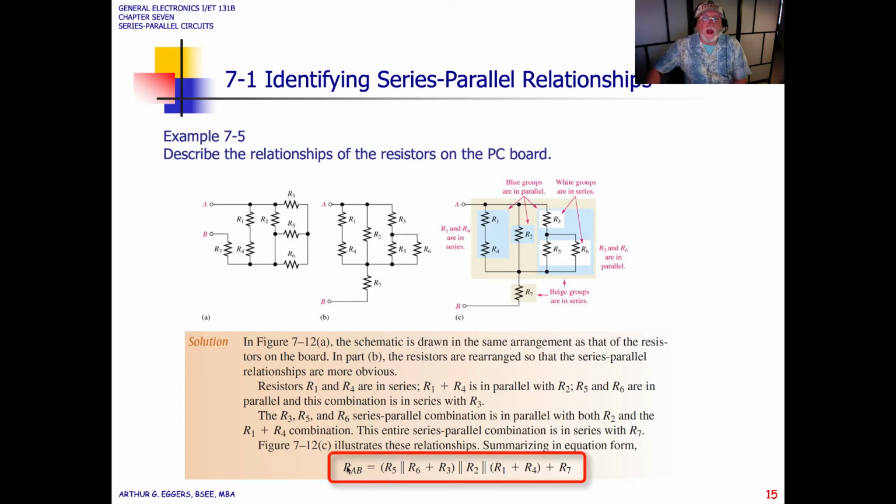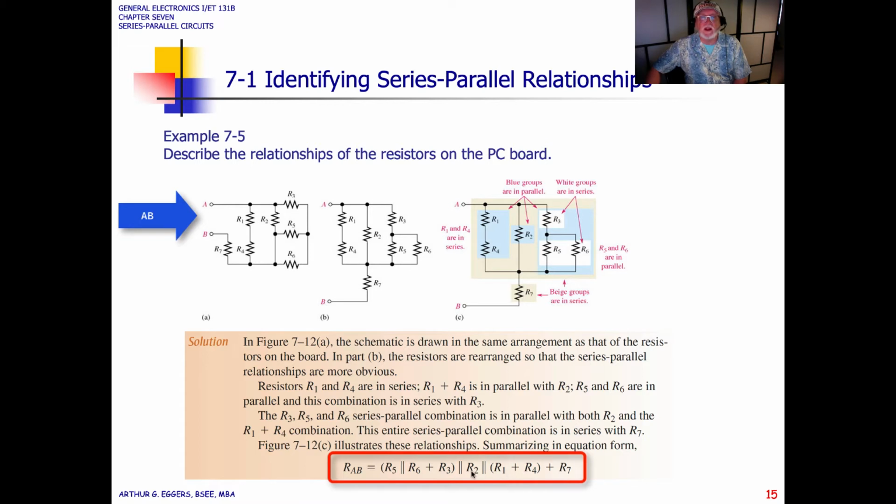So we can write the shorthand detail for the RAB, which would be the equivalent or total looking into port AB, as R5 in parallel with R6, plus R3, in parallel with R2. Okay, so we can see that right over here.